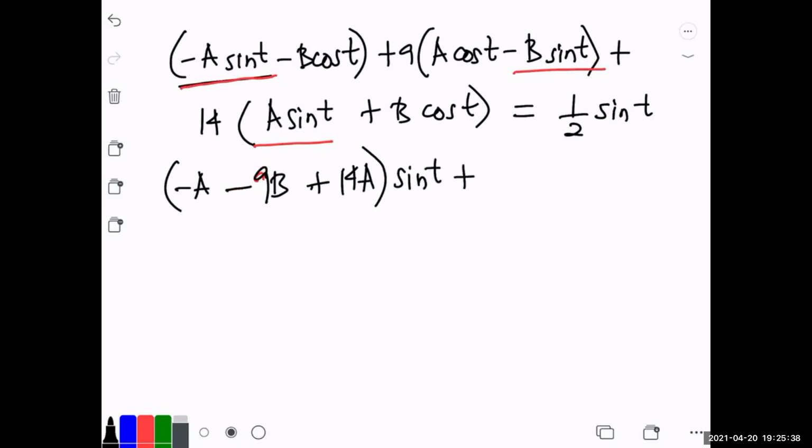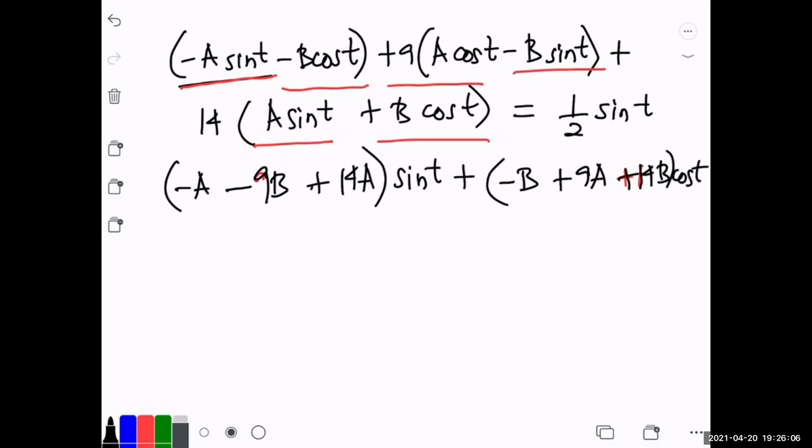Now let's collect all the cosine. So first would be negative b, which is this one here. And then next is 9a, right? So this one here is 9a. So plus 9a. And then the last would be the 14b. So plus 14b cosine of t equal to 1 half sine of t.